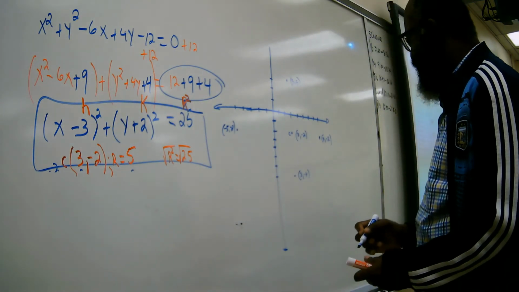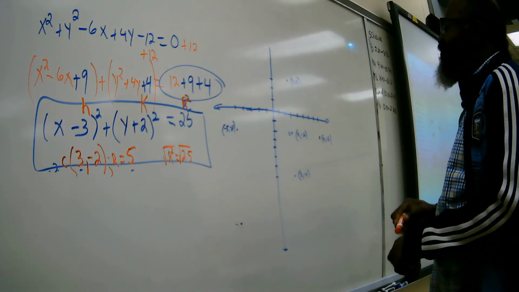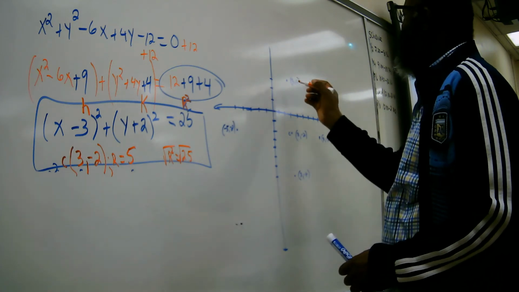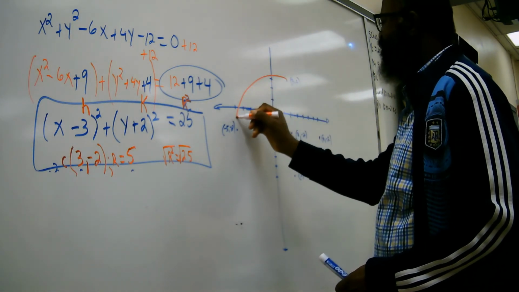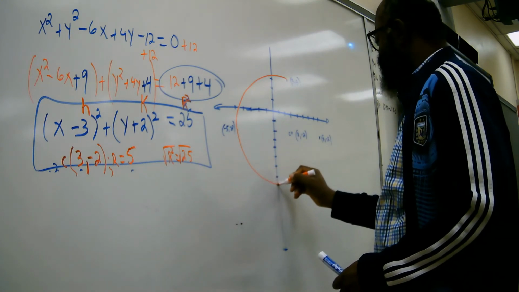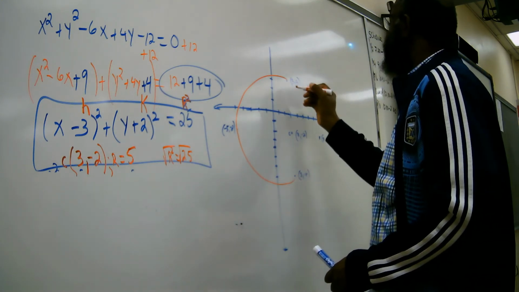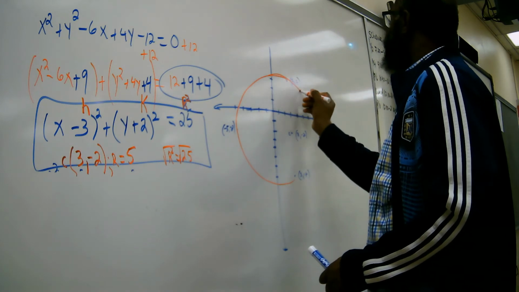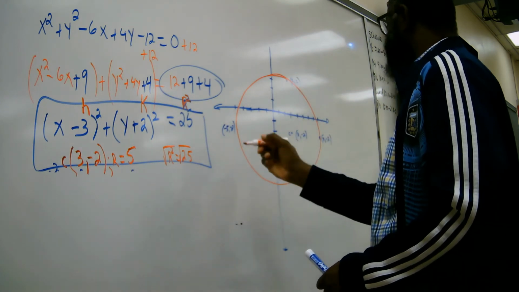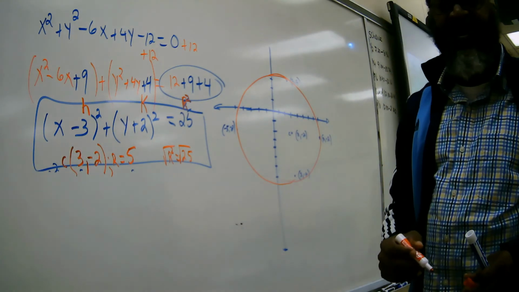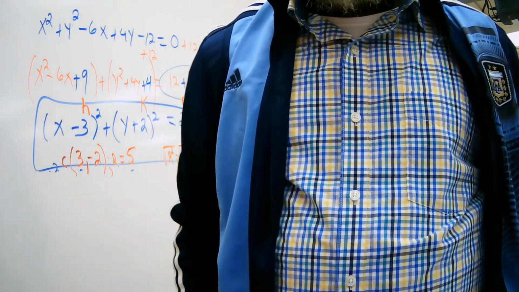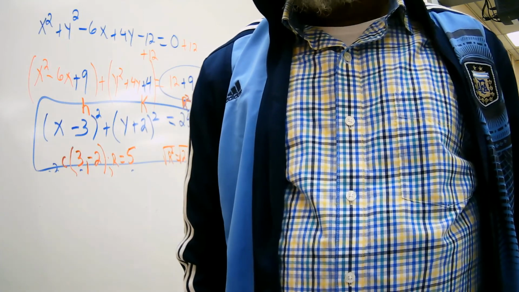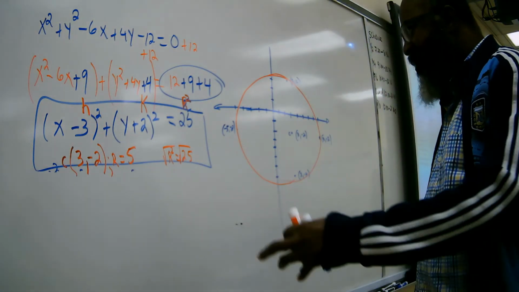And now I need to do the best I can to graph that. This is the circle, the best I can do. That was Mr. DC's graphing equation of a circle, and I hope you get the concept.